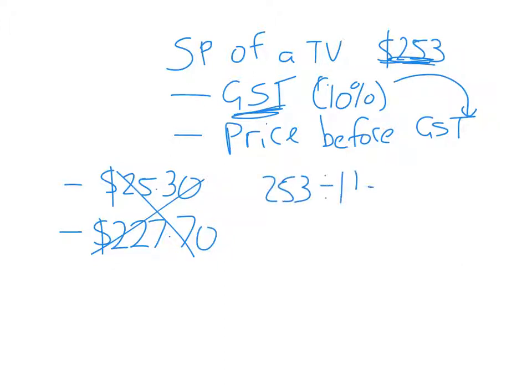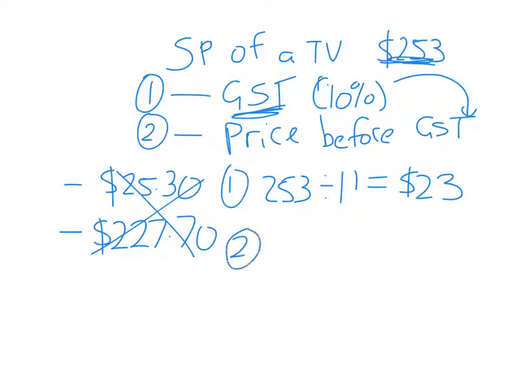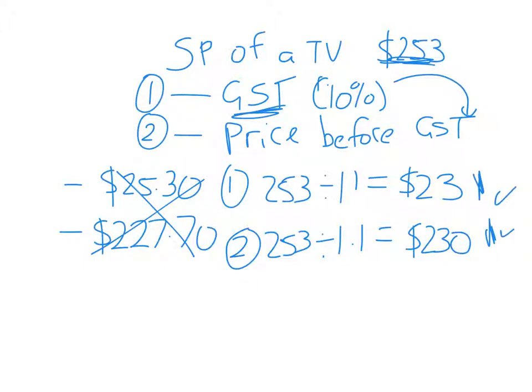And if you do that, you should get $23, okay? So that means the GST is $23. If you buy a TV for $253 from JB, $23 will go to the government. So the price before GST, you can do 253 divided by 1.1, and that just gives you 230. So note that 23 is 10% of 230, so I know I'm right.